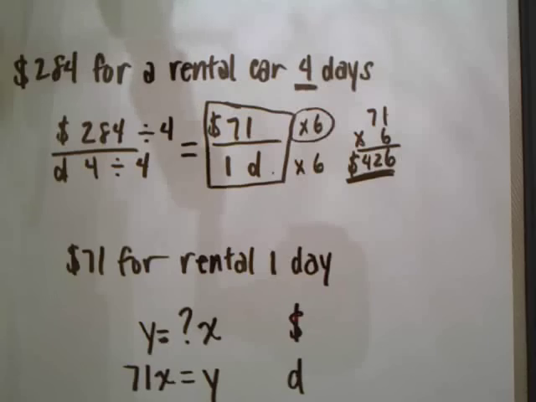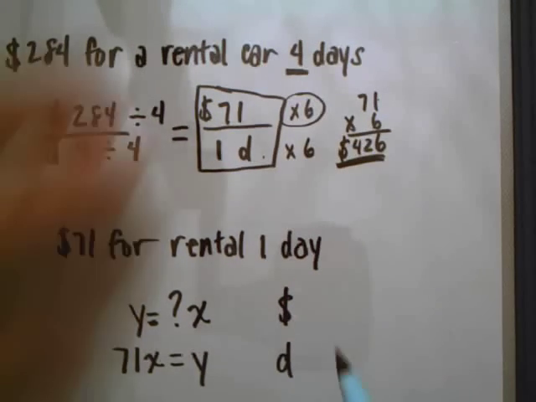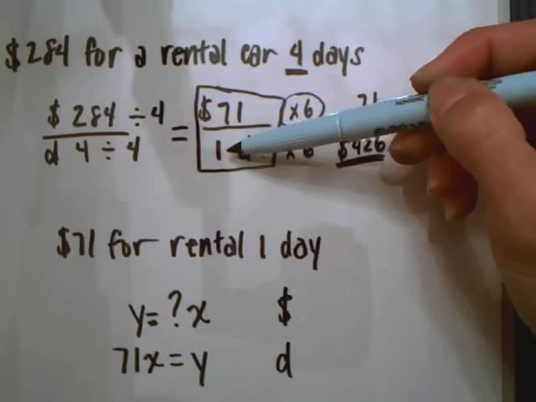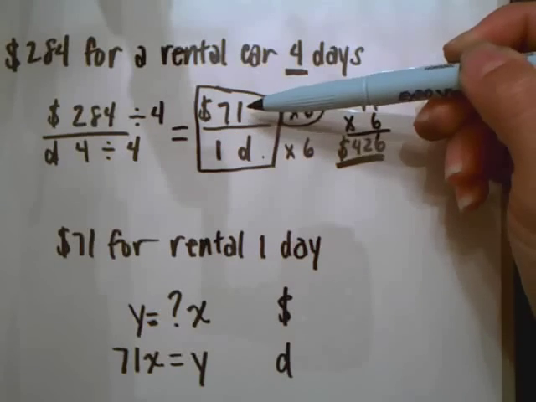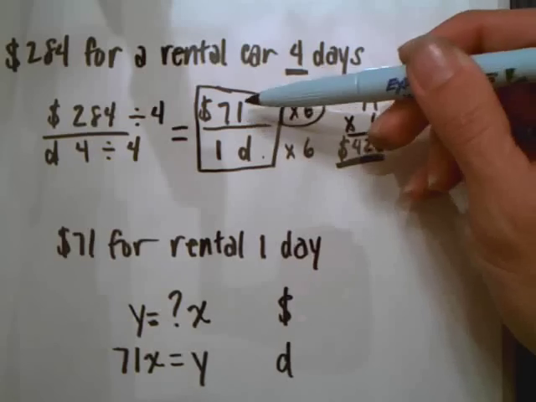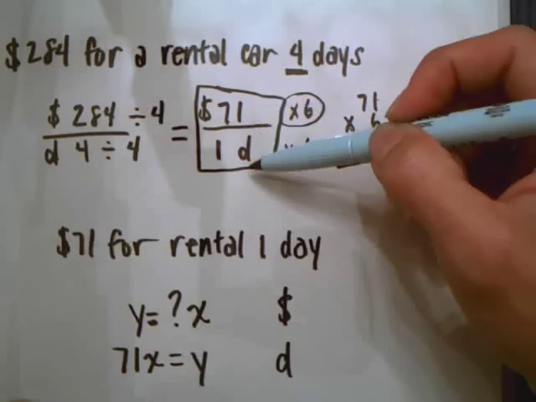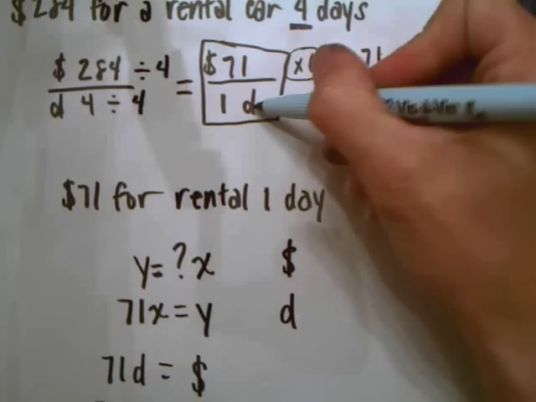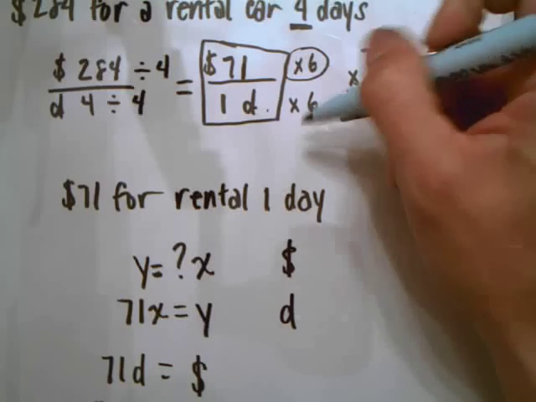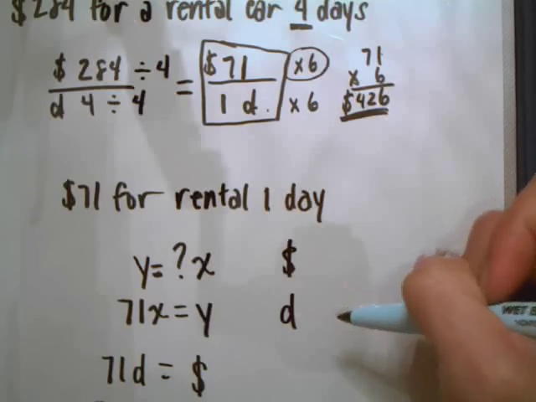The other way that you can figure out which letter to put with what number is just to look at these two numbers, 71 and 1. Which one is the biggest number? Well, it's the dollars. So what I'm going to have to do is multiply the days by the dollars, and that's how I'm going to get the total cost.